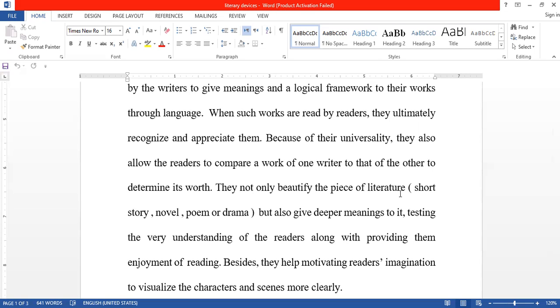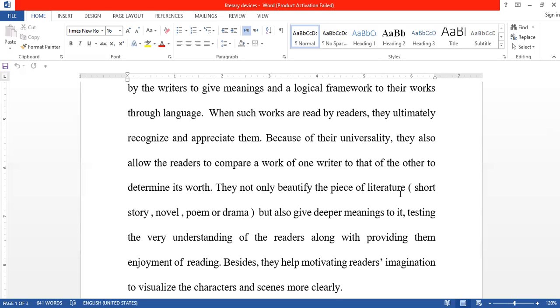Listen to me. Let me explain a little bit. As I said, these figurative language or literary devices beautify the language style of the writer. In other words, when you read a short story or a poem or a play, you will be attracted by the language of this writer. Why? Because he uses these literary devices.